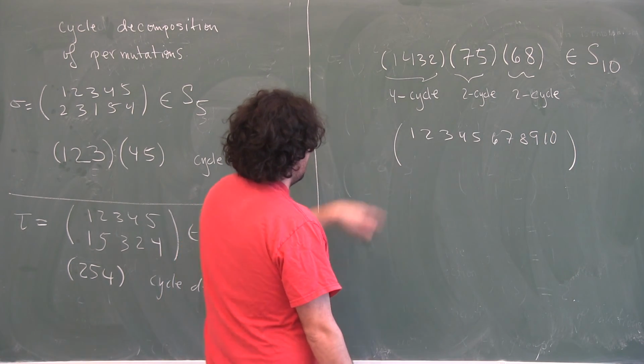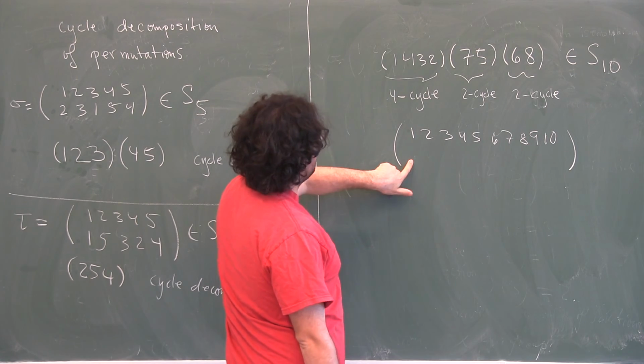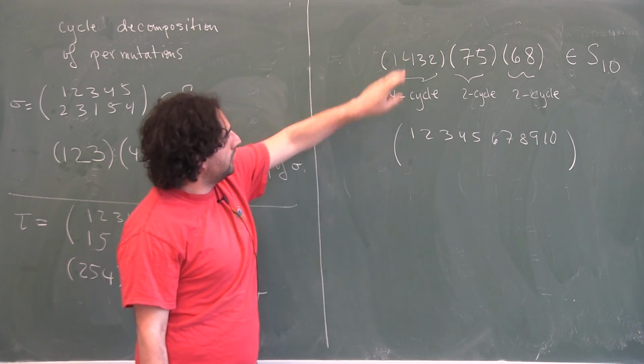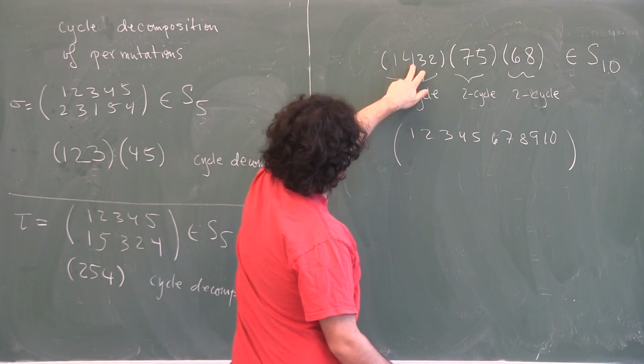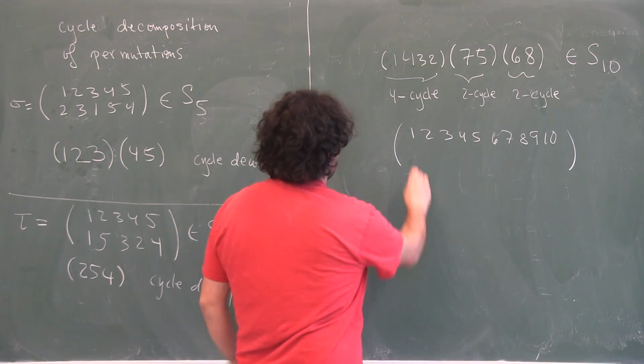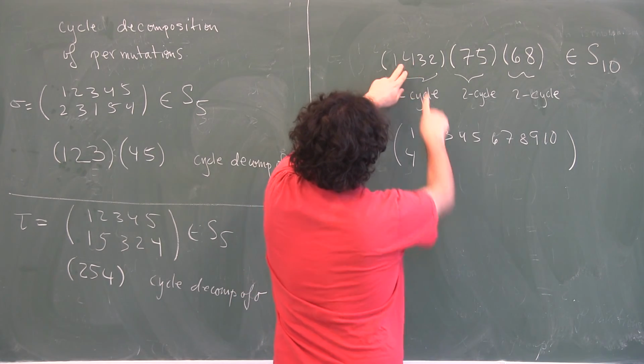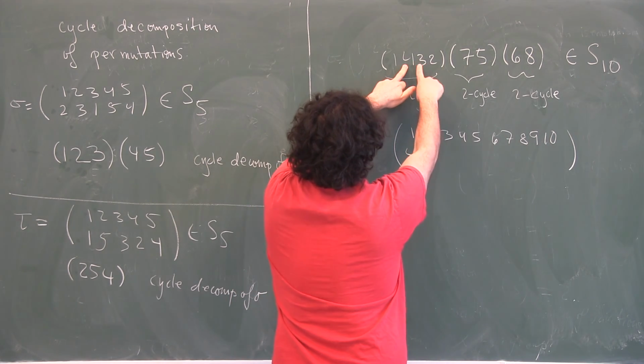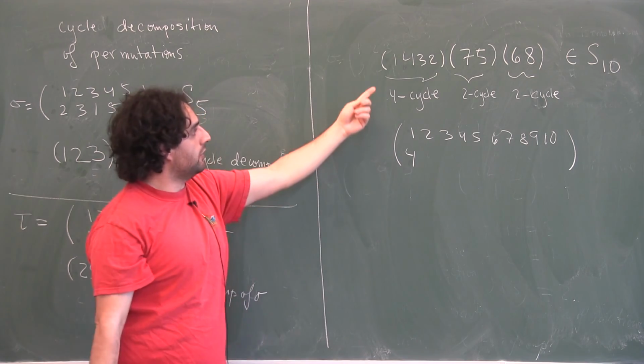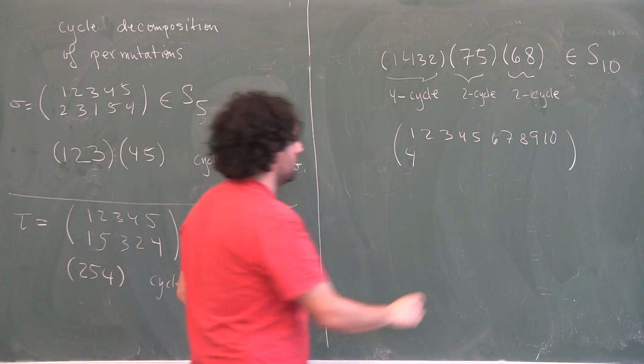All right. Now, what do I write below 1? Well, 1 appears in this 4 cycle. And I see 1 goes to 4, because 4 is to the right of 1. So I write 1 goes to 4. Then the next information in this 4 cycle is 3 after the 4. That's telling me that 4 maps to 3.